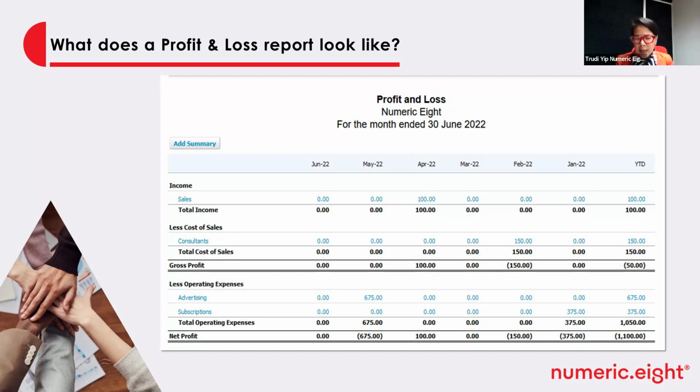What you would do in sales then is break it up into two lines: one specifically for the income you're generating on your online training sessions, and a separate line for consulting.